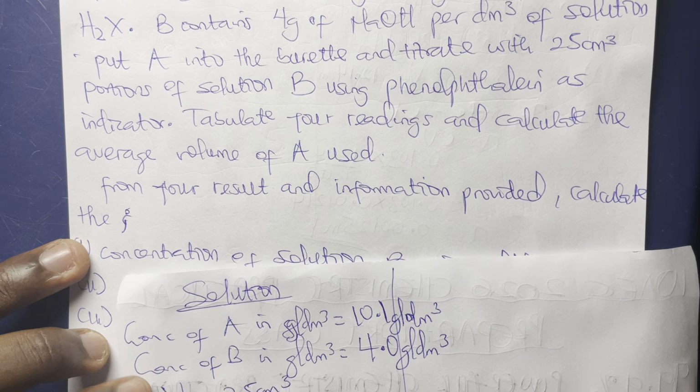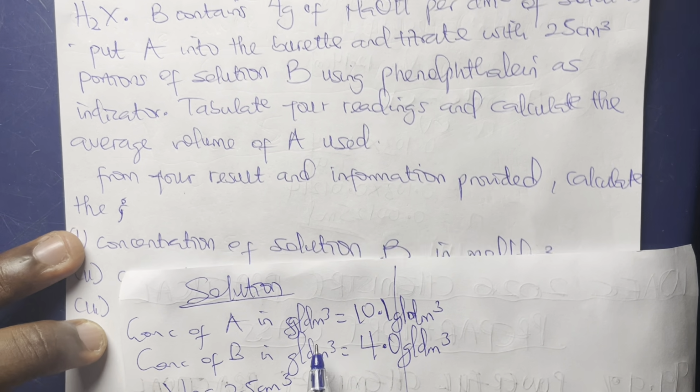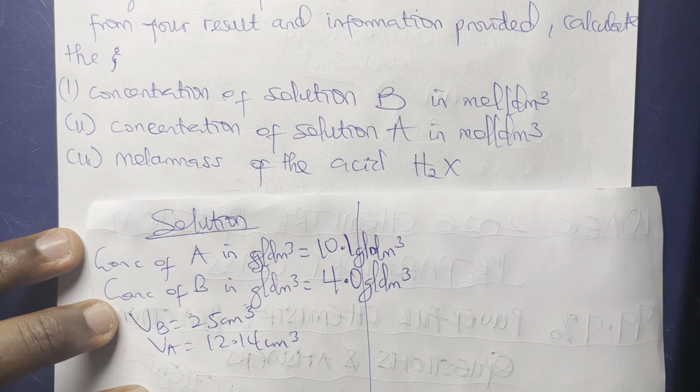Okay, so let's read the instruction. Tabulate your reading. Number 1 says that you calculate the concentration of B in mole per dm cube.